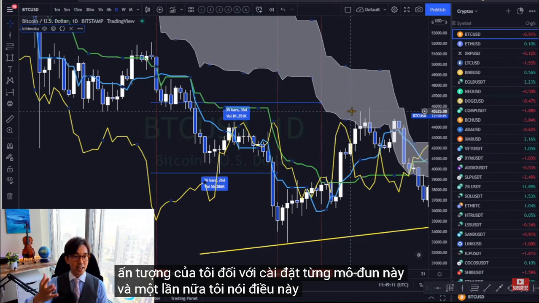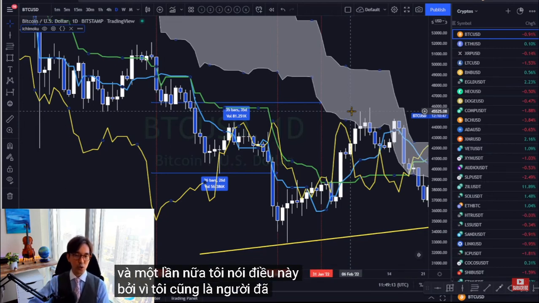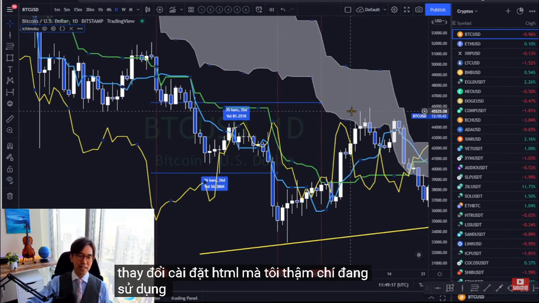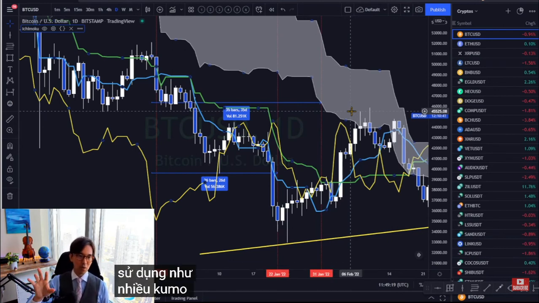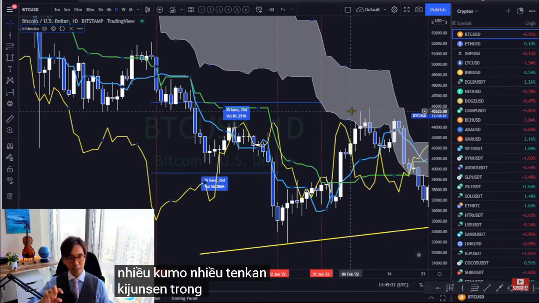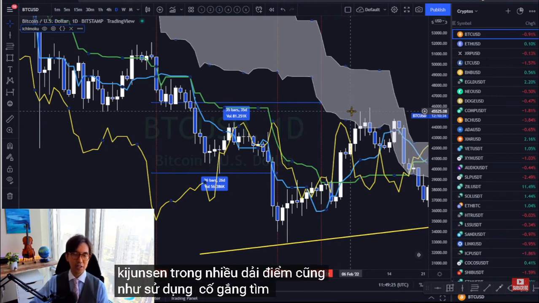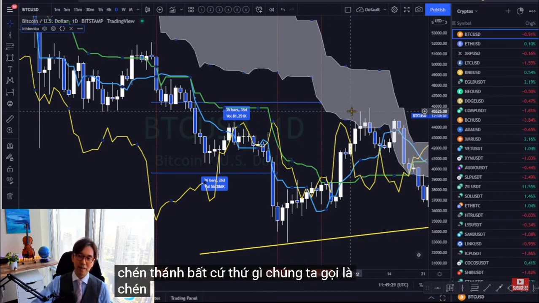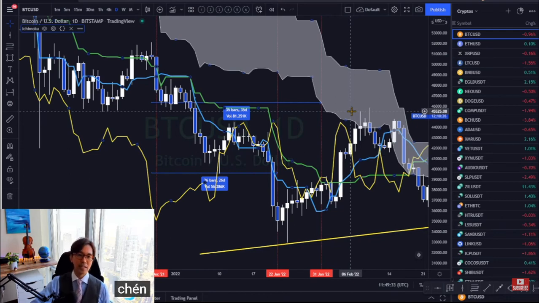And once again, I say this because I was also the one who was changing the Ichimoku settings. I was even using multiple Kumo, multiple Tenkan and Kijun-sen, and multiple Chikou span also, trying to find what we call the Holy Grail, but there was no success. I spent so much time looking for the best setting in the market, but there was none.